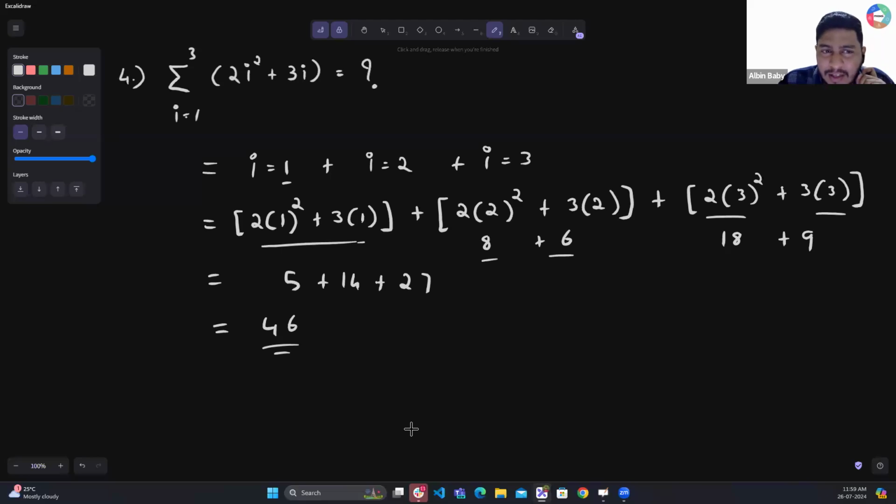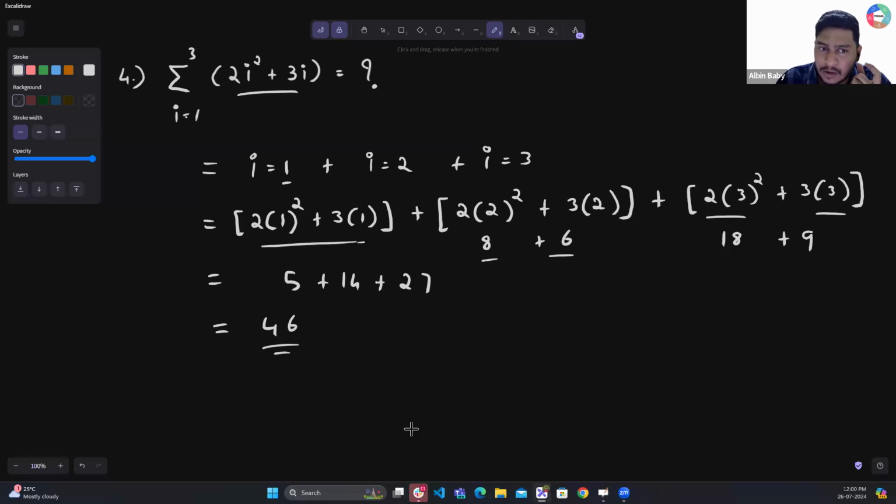Summation of i equals 1 to 3 means i will be in the range from 1 to 3, so you'll be finding the sum from 1 to 3. The expression over here is 2i square plus 3 into i. If you substitute the value of i, you just break it down.